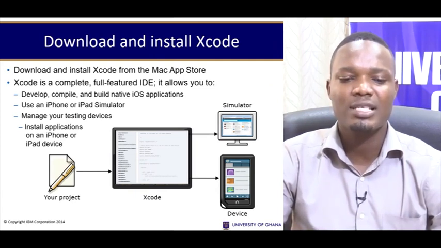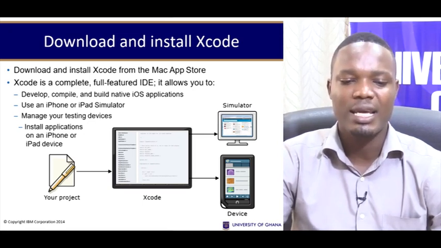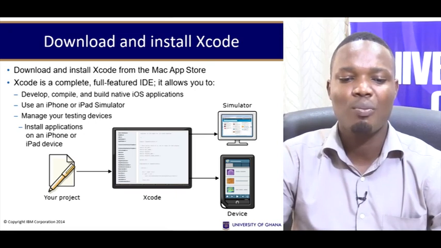Now, Xcode is a complete, full-featured IDE which allows you to develop, compile, and build native iOS applications. You are able to use an iPhone or iPad simulator using Xcode. It also helps you to manage your testing devices.